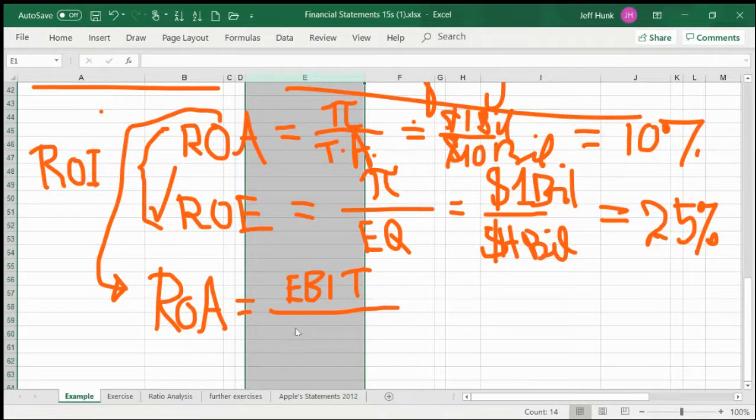Why? Because in EBIT, the interest payment to the debt holders is included. So sometimes ROA is measured this way. If you measure it this way, then there is no guarantee that this will always be greater than ROE. Okay, makes sense? All righty.